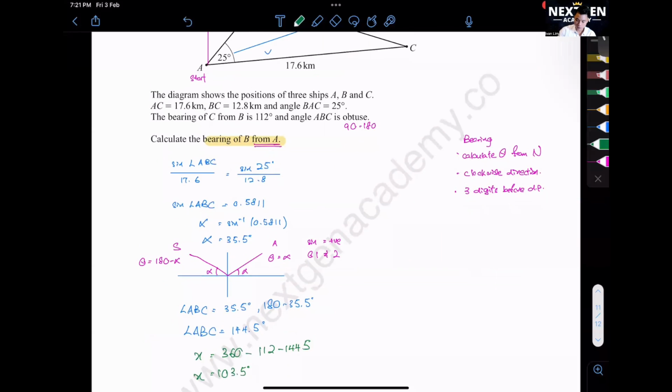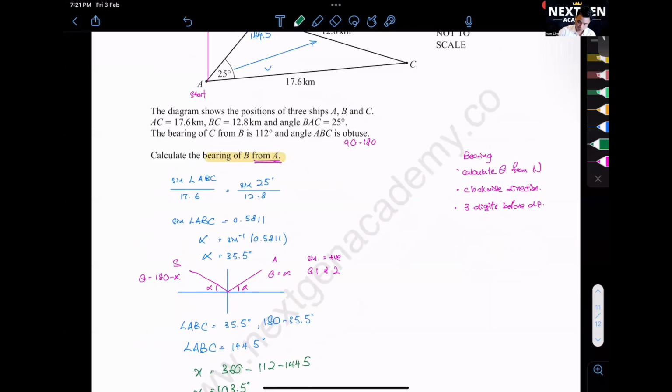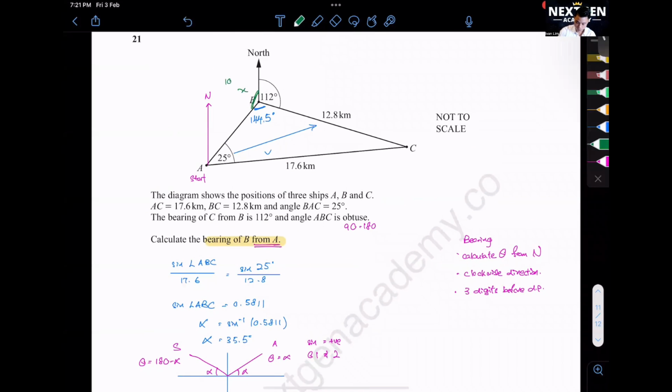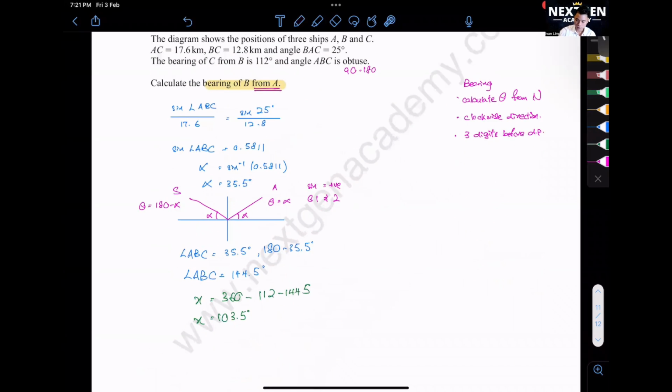Then the final one: I know this is 103.5 degrees. Bearing is measured from north, then going clockwise. Yes, because this is a co-interior angle and both of these sides are parallel with each other.